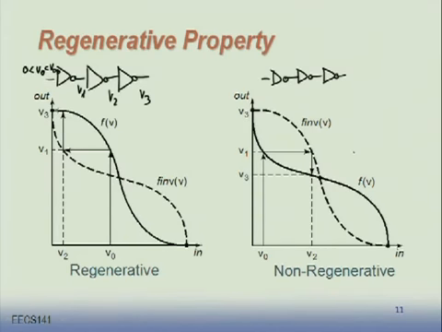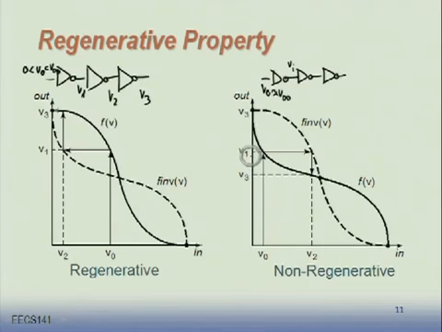A different type of transfer characteristic where the gain is not at the right place. Put a V naught here, and even if that V naught is very close to the VDD, it's going to produce V1.